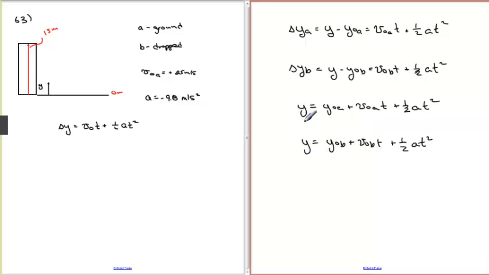Okay, now we want the point where these two, y sub a and y sub b, are equal to each other. So we just set them equal to each other.